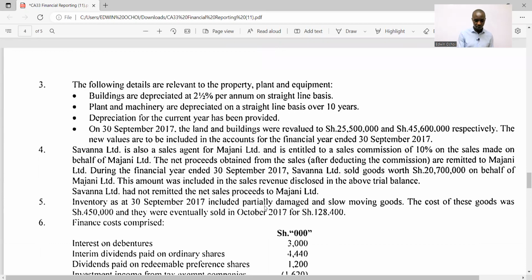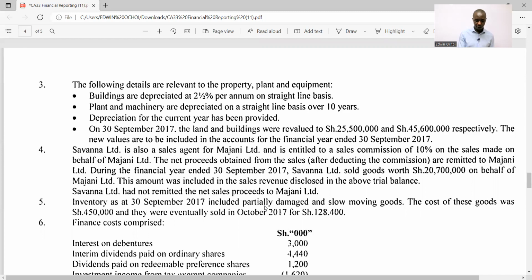On 30th September 2017, the land and the buildings were valued at 25,500 and 45,600 respectively. The new values are to be included in the accounts for the financial year ended 30th September 2017.